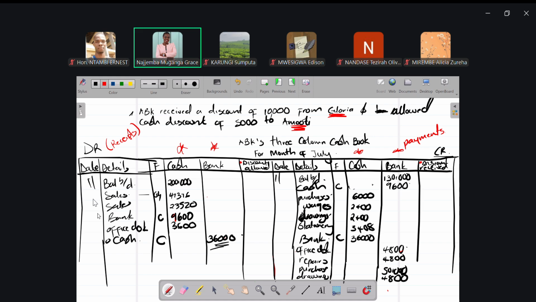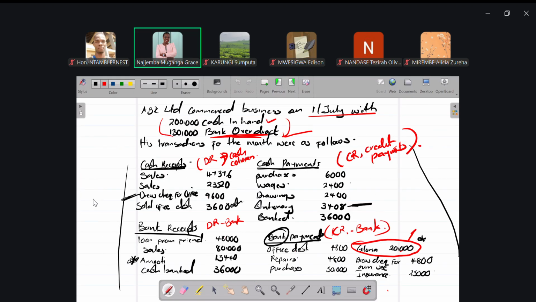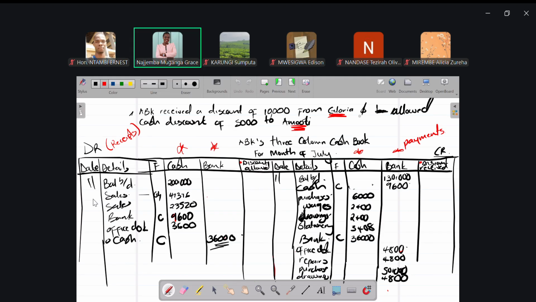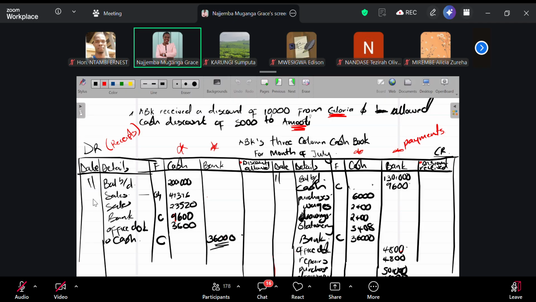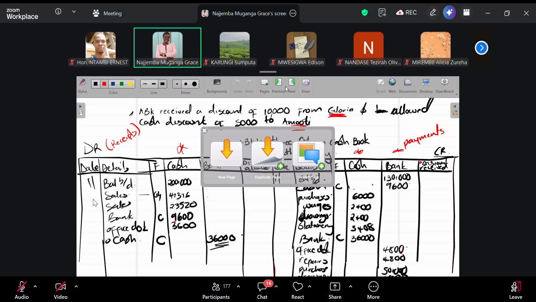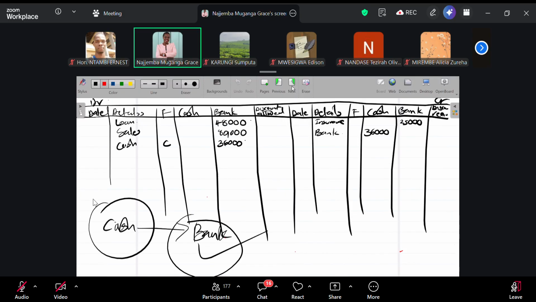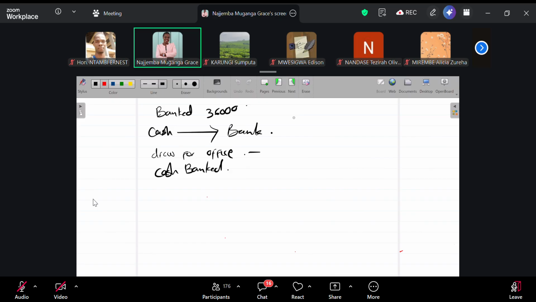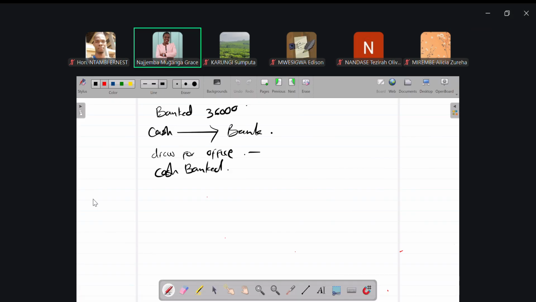So for this question, they had already computed how much was paid to Gloria in the bank, and they also gave us the discount that we received. So in total, how much did we have to pay Gloria? The 20,000 and the discount we received, which was 10,000.